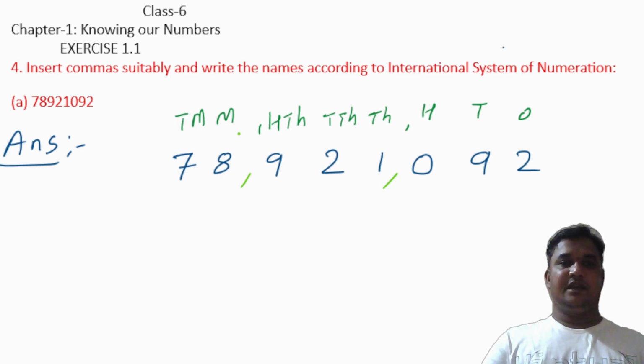So this is 78 million. In the thousand place, how much is there? 9 2 1. So 921,000. So that is 78,921,092. How can we write this in words?